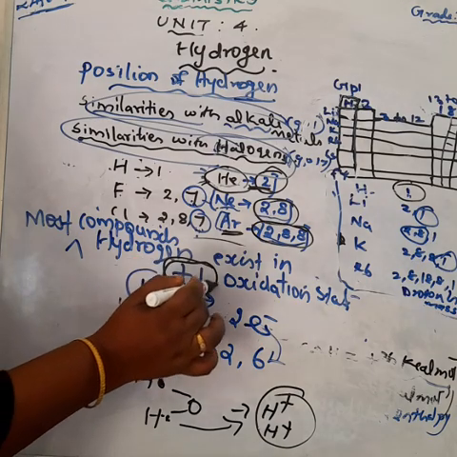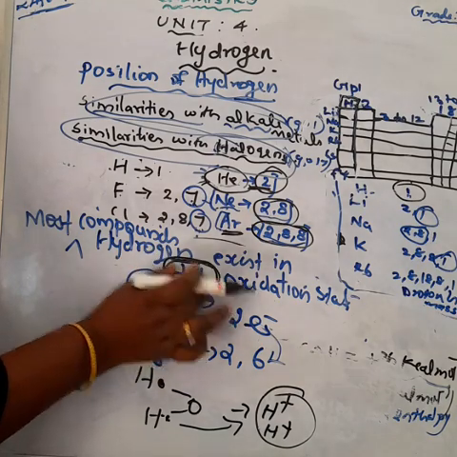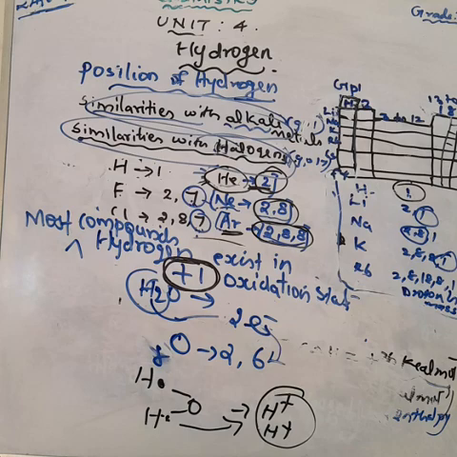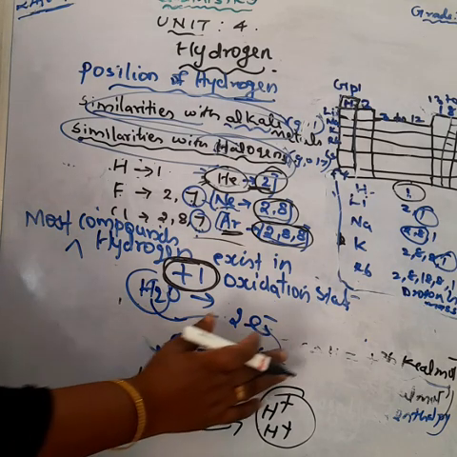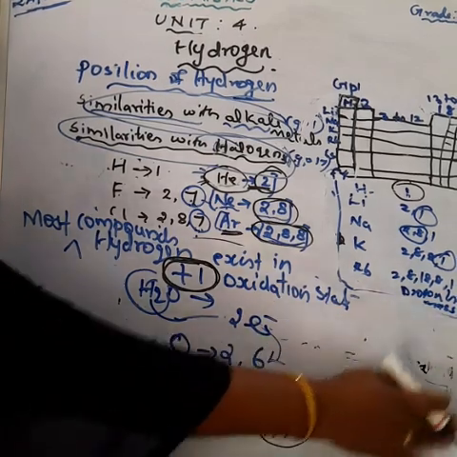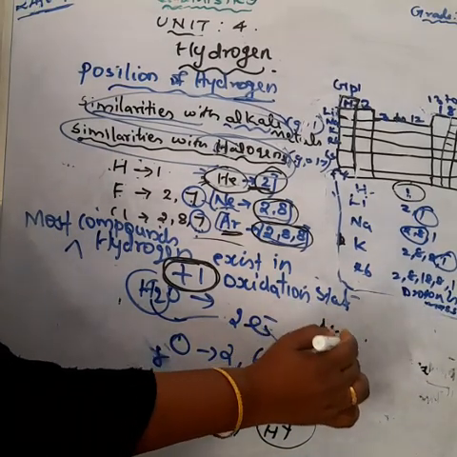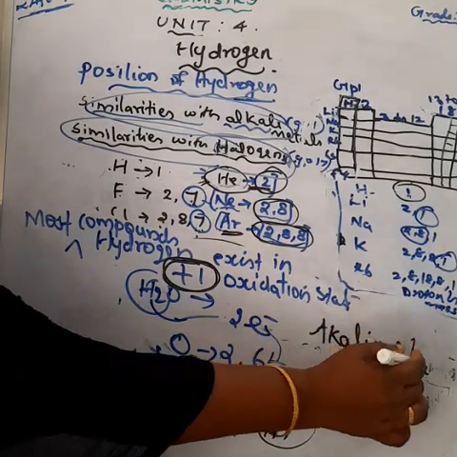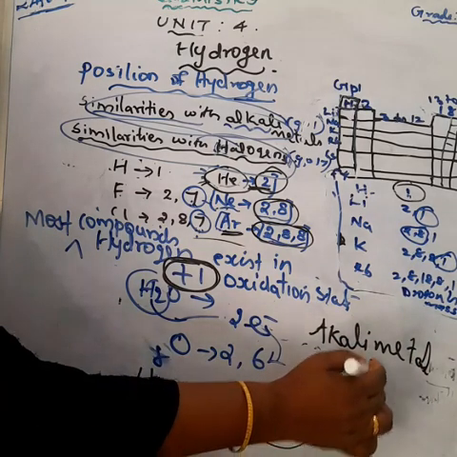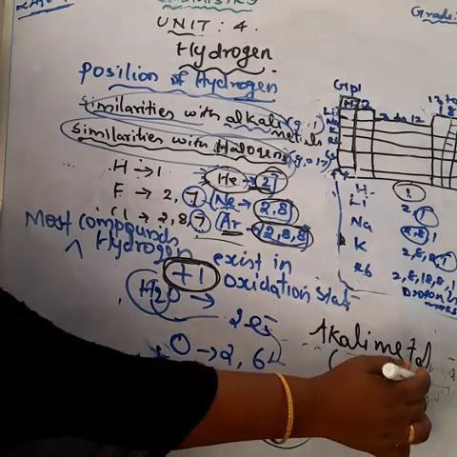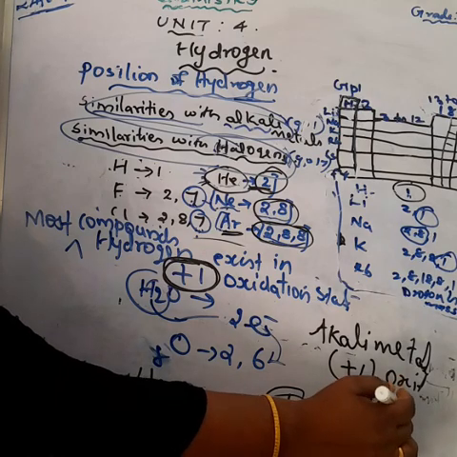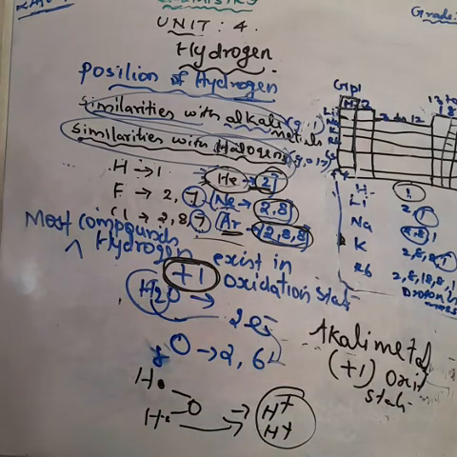Like that, in other compounds hydrogen exists in the +1 oxidation state. All the group 1 elements, that is the alkali metals, have the +1 oxidation state. So this is the reason to place hydrogen in group 1 along with the alkali metals, as shown in the latest periodic table published by IUPAC.